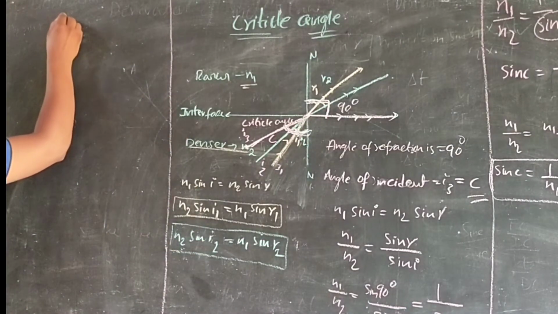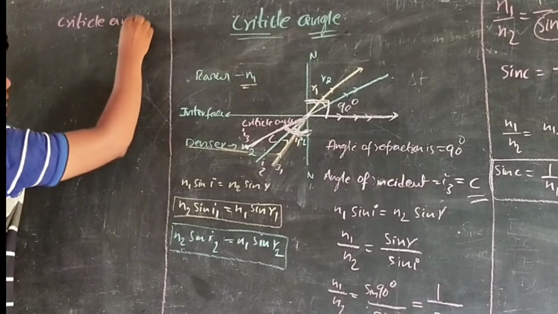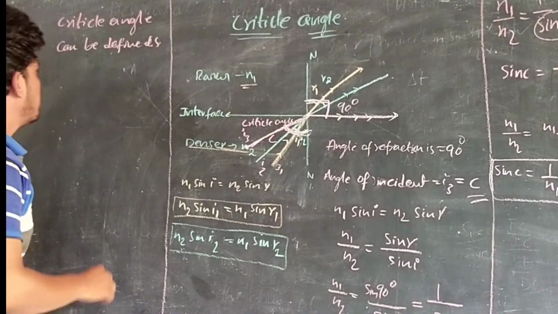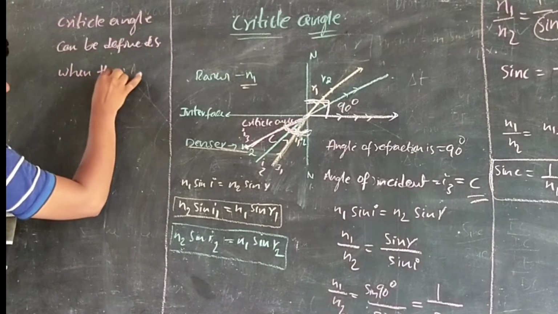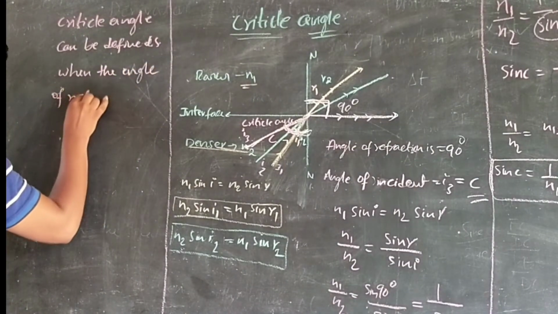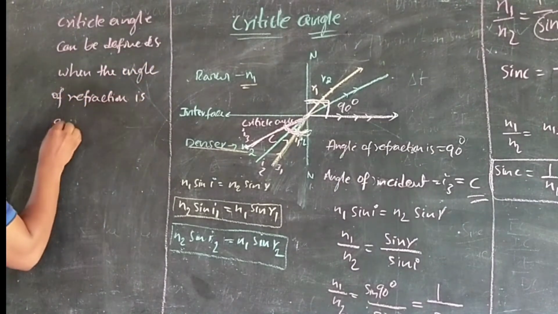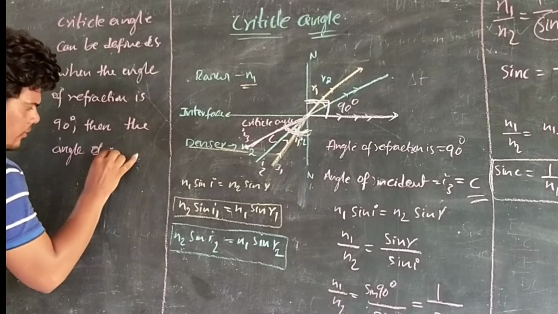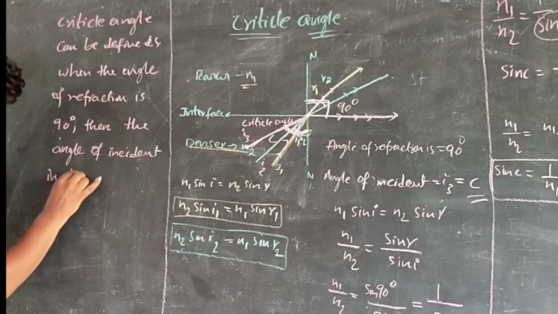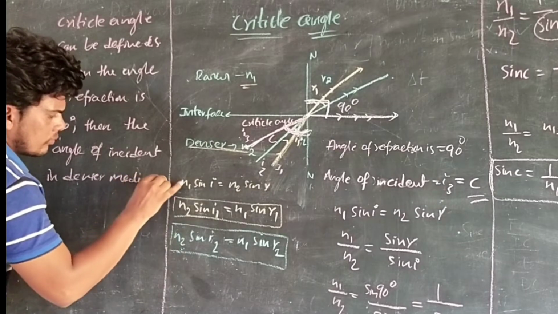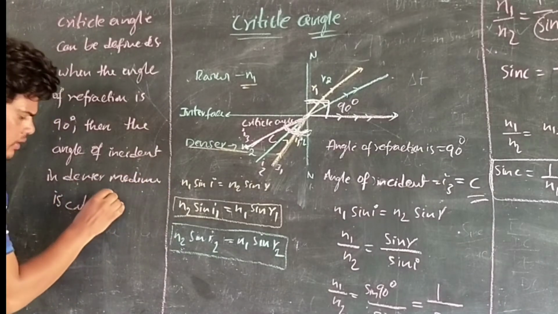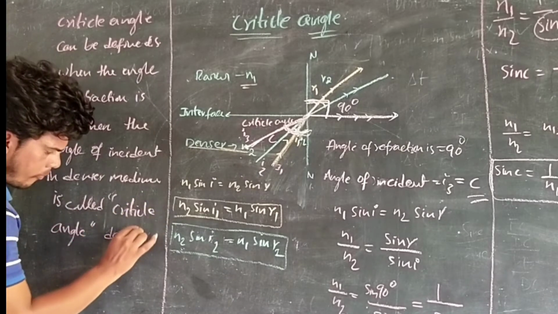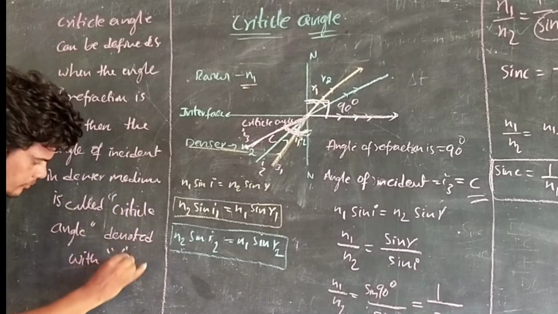Critical angle can be defined as when the angle of refraction is 90 degrees, then the angle of incidence in the denser medium is called the critical angle, denoted with C. Are you clear?